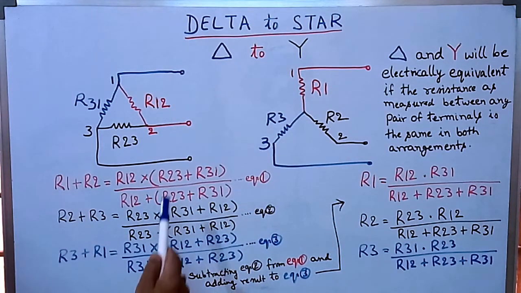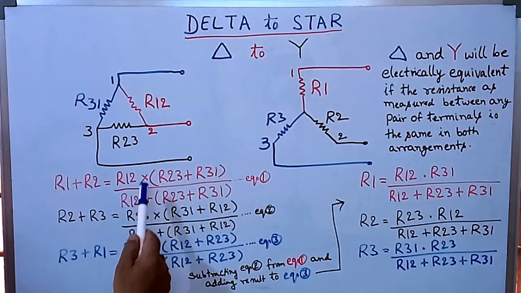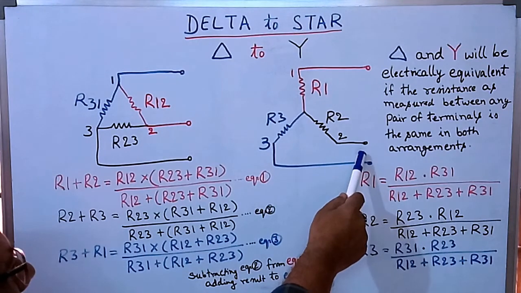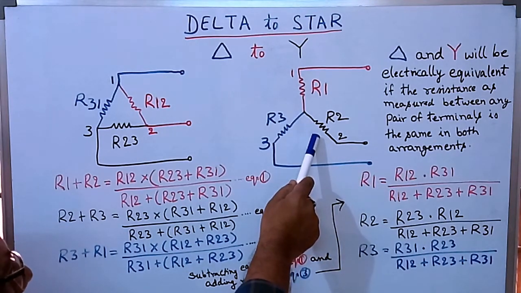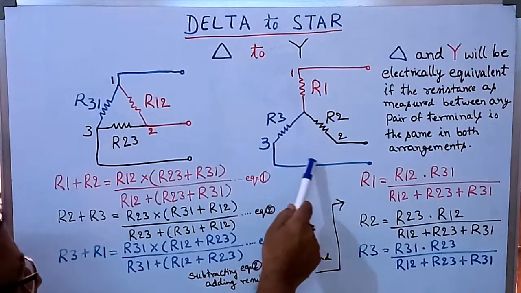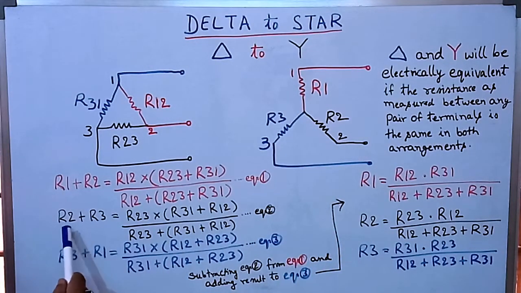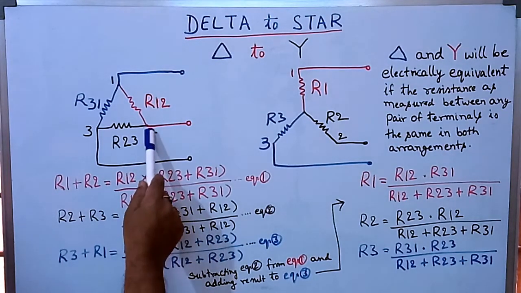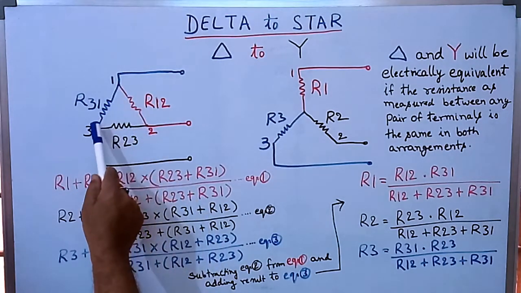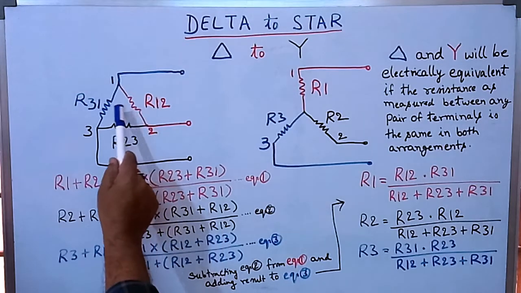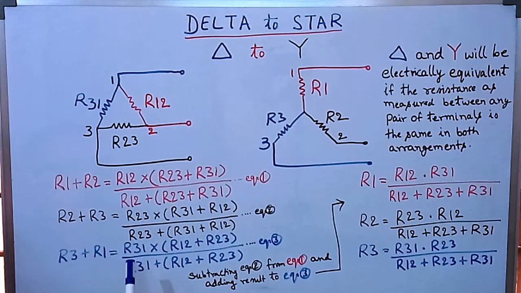Similarly, when we see between 2 and 3 in star, again there are two resistances R2 and R3 connected in series. So R2 plus R3 equals, in delta, R23 having a parallel path through R31 and R12. So this combination results in R23 into R31 plus R12 by R23 plus R31 plus R12. This is equation number 2.